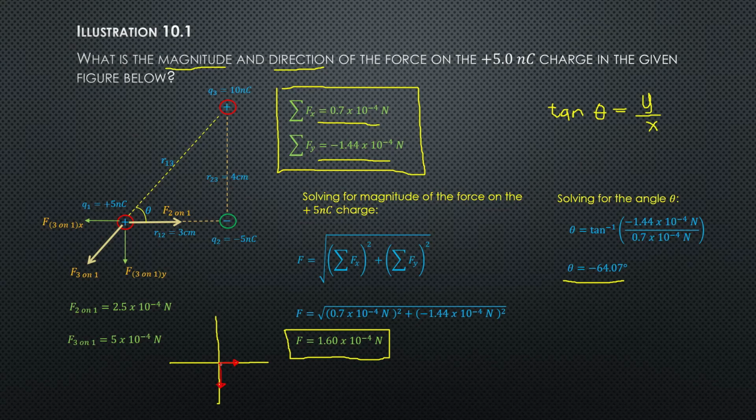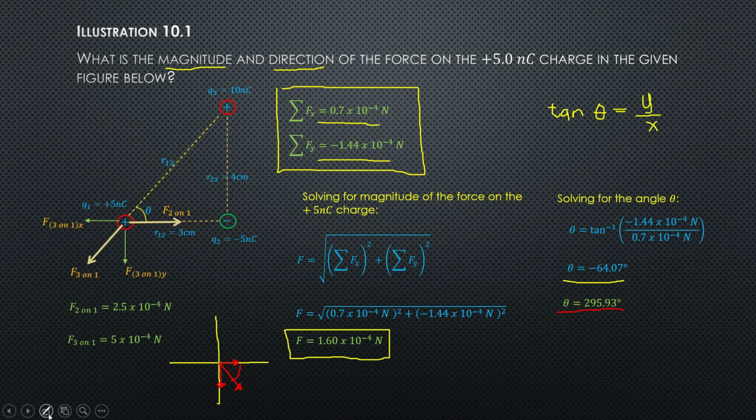So the resultant force will be on this quadrant, and the angle is negative 64.07. So this is also correct, but we are taking the direction from the positive x axis.